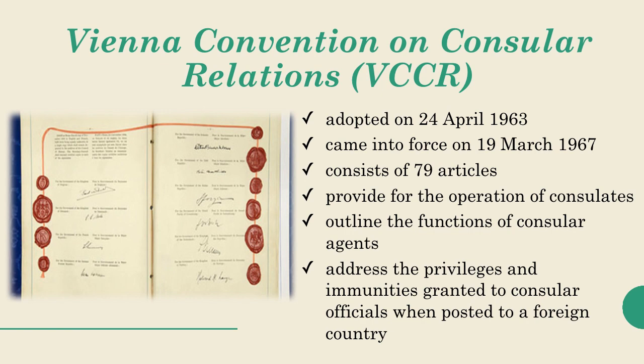The Vienna Convention consists of 79 articles, most of which provide for the operation of consulates, outline the functions of consular agents, and address the privileges and immunities granted to consular officials when posted to a foreign country. A few other articles specify consular officials' duties when citizens of their country face difficulties in a foreign nation.